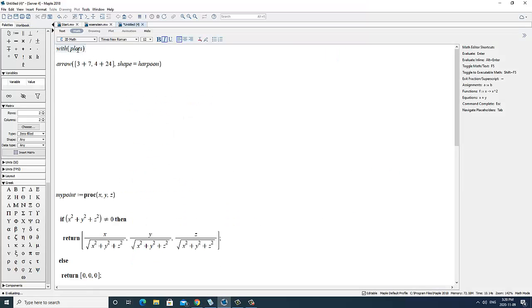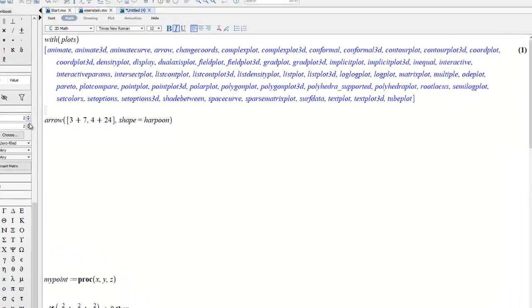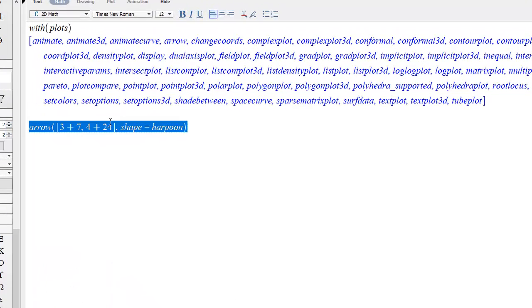So what we need here is plots, so I can use the arrow. There might be a better way to do this, I don't know. I would prefer to have no arrow, just the legs, line segments, but we got the arrow.